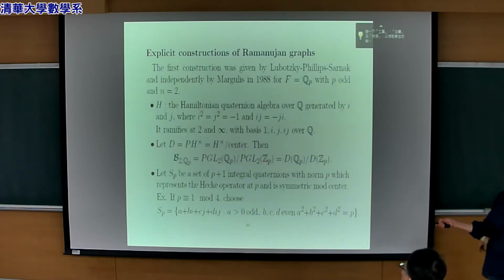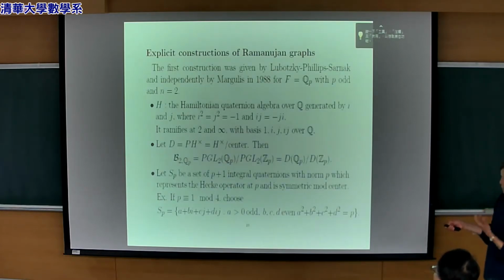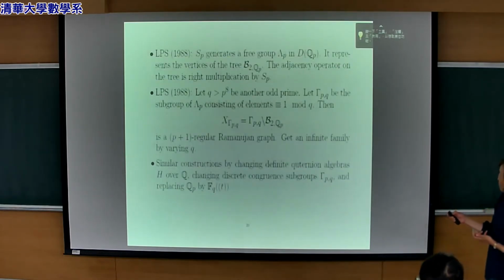Normally, when you want to represent a coset space, you only get a set. But in this particular case, you find representatives which form a group. And that group is a group we call Lambda_p. It's a group generated by S_p.